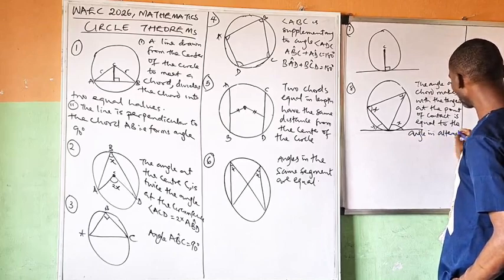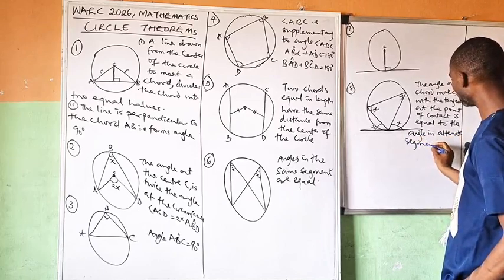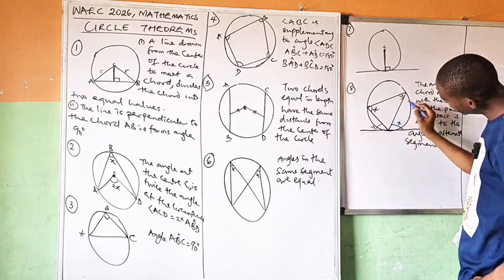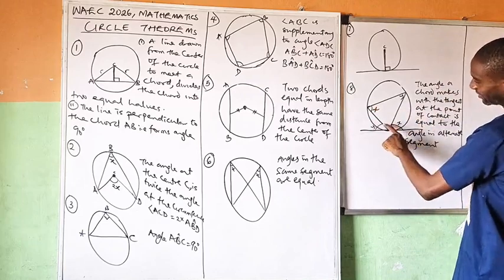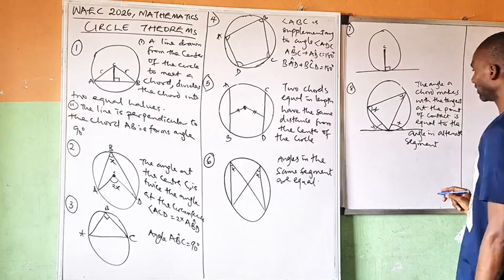This is the point of contact. So this angle from this chord to the tangent is equal to this angle, and then this angle here is equal to this angle here.